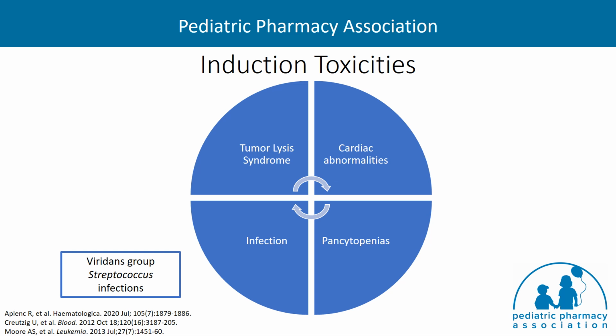So this is something that we are going to be monitoring our patients for, any sign of infection, any fever, and having a low threshold to start broad spectrum antibiotics and ultimately culture them to make sure that we are treating them as appropriately and quickly as possible given their significantly reduced immune system.